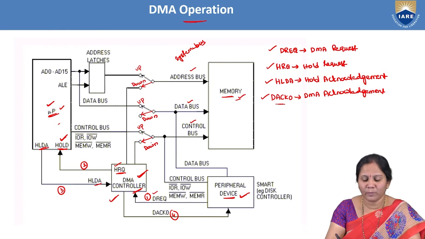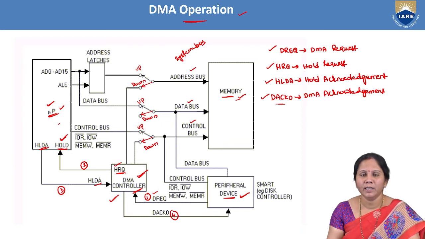So all the switches will be connected towards the down position. This is how the DMA operation is performed in the two cases: in the first case when DMA is not involved, and in the second case when DMA is involved.